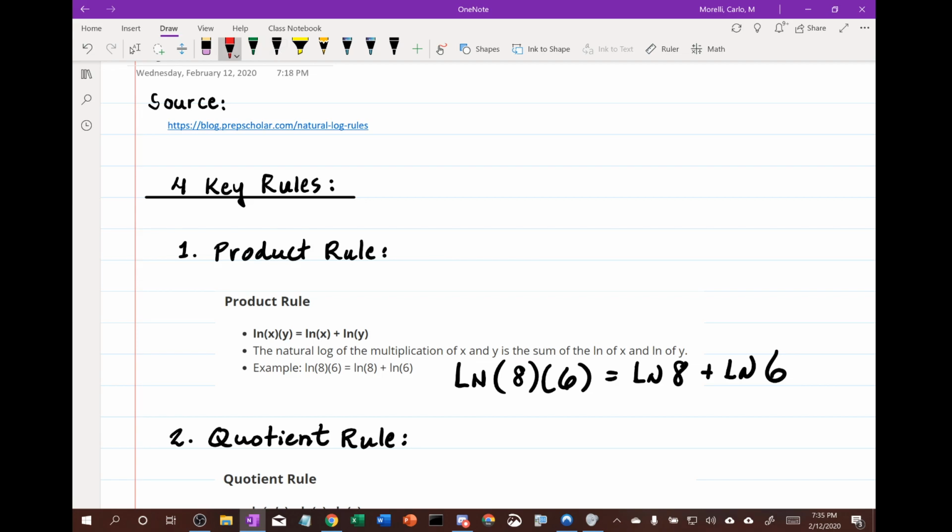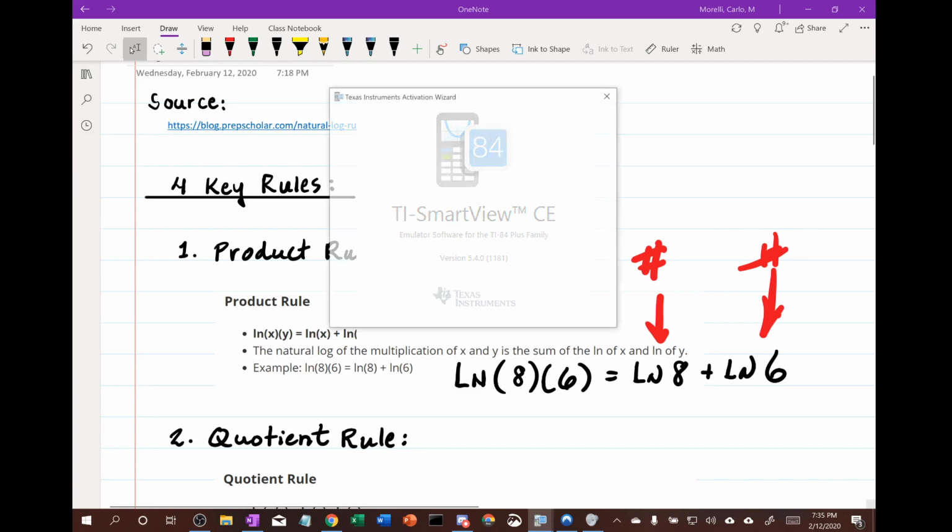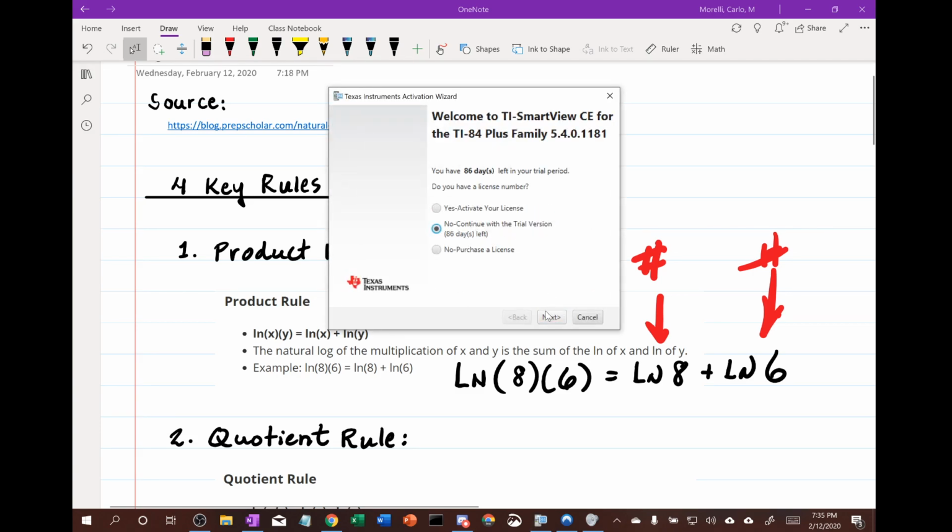This is a number, and so is this. So what we're going to do is jump into our calculator and just put ln of 8 and see what we get. And we'll prove that what I was going to write before was actually wrong. So let's see if the ln of 8 plus the ln of 6 is equal to the ln of 8 times 6, which would be the ln of 48. We'll see if that's true or false.